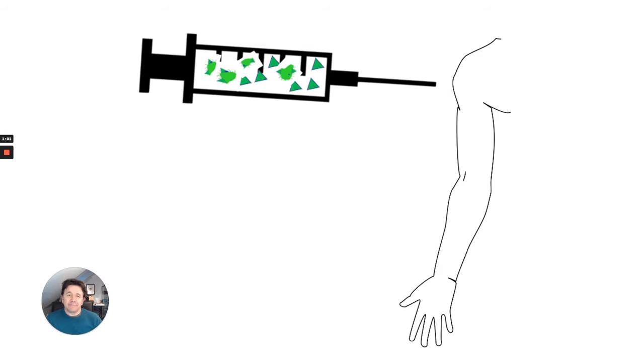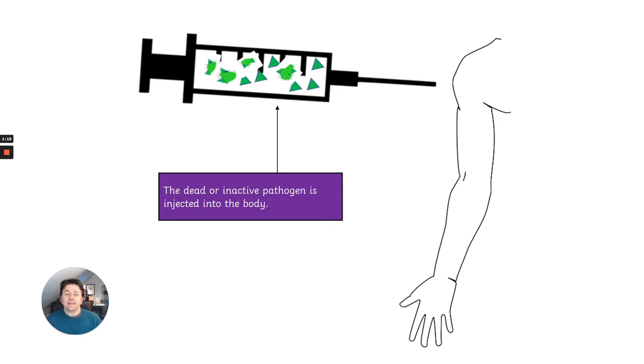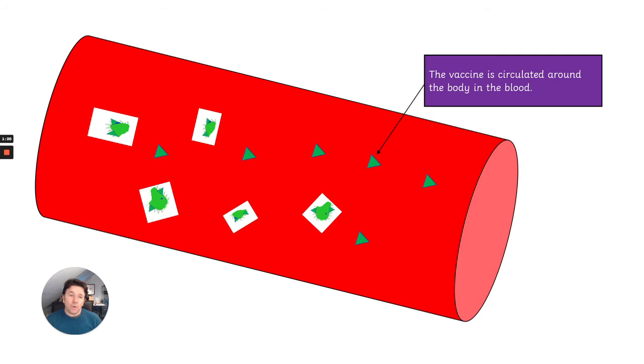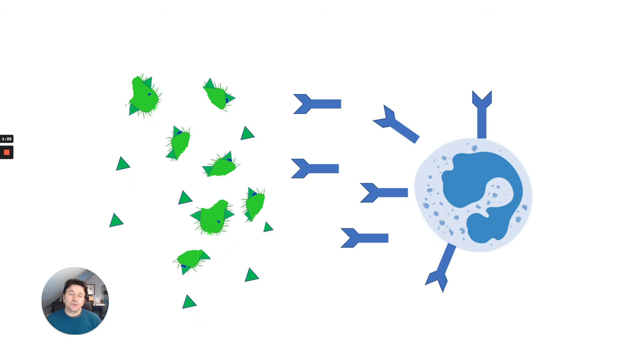And that makes the vaccine, and the vaccine will be given to you as a liquid in a syringe, usually into the top of your arm, and it is injected into your body. It then circulates around your bloodstream, and that will stimulate your white blood cells to produce the specific antibody.